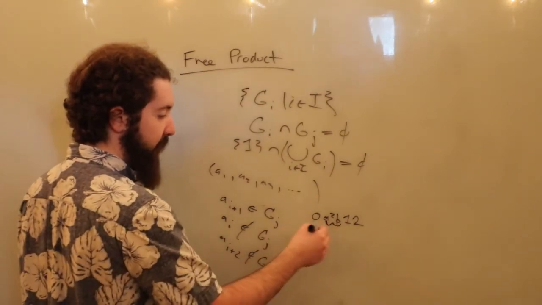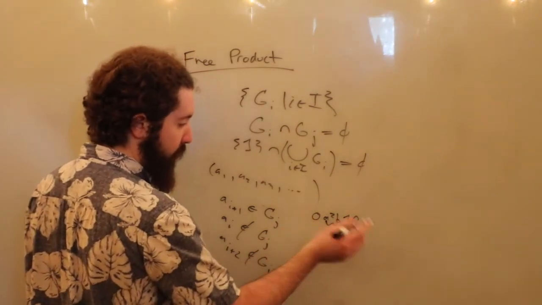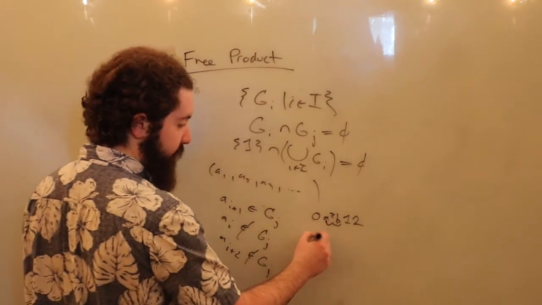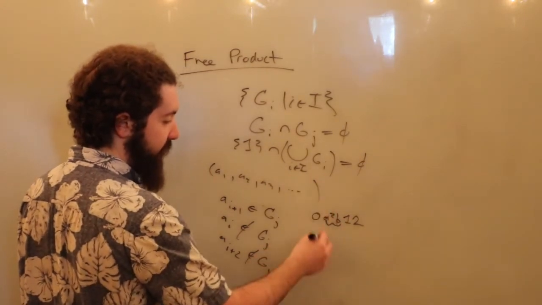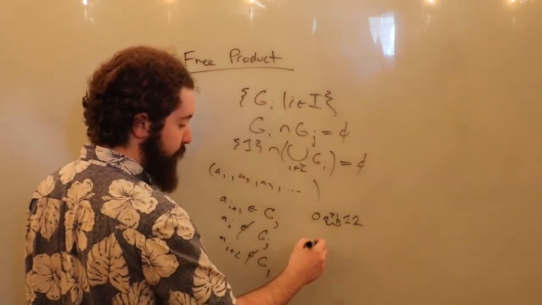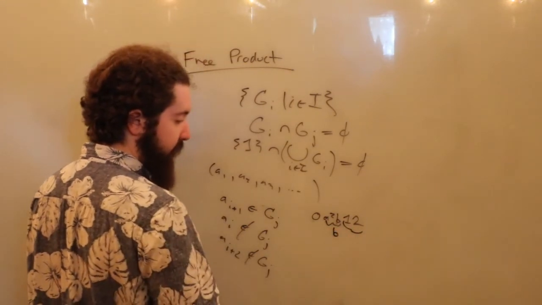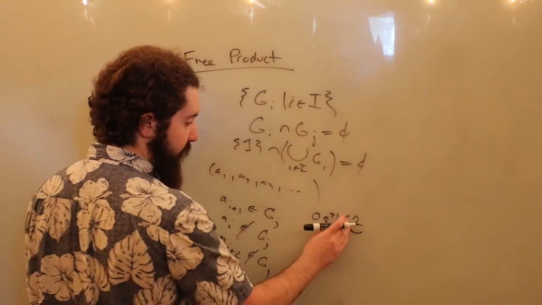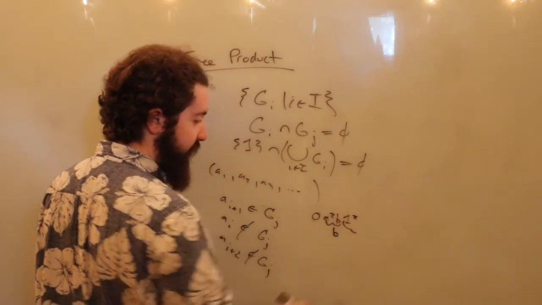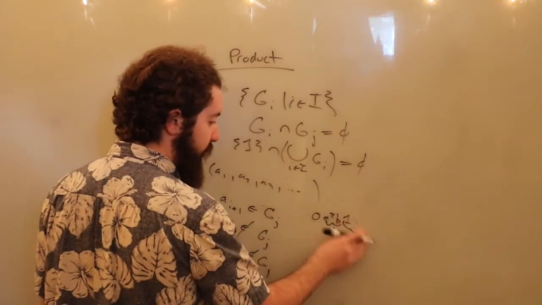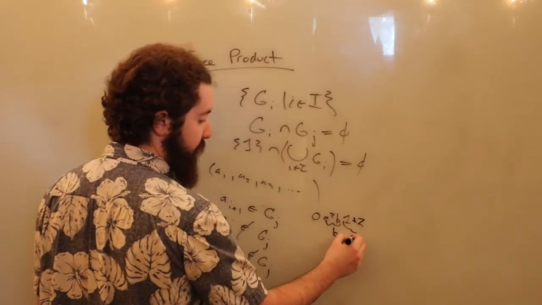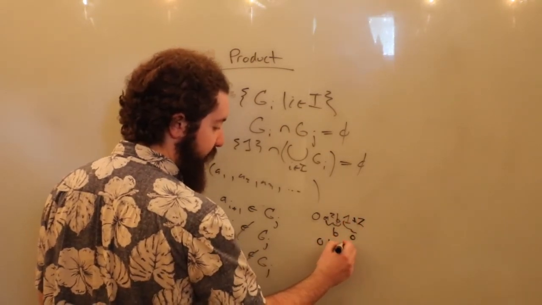Instead of having 0 A A B 1, 1, we're going to have A squared. I guess A was our identity, so it would just be B. And then 1 plus 1, this would be 1 squared, but in additive notation, 1 plus 1 would be 0. So we'd have 0, B, 0.